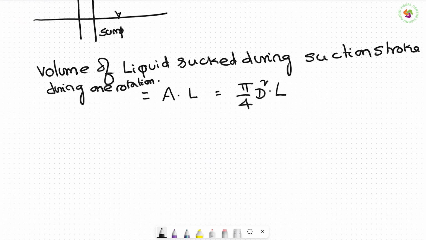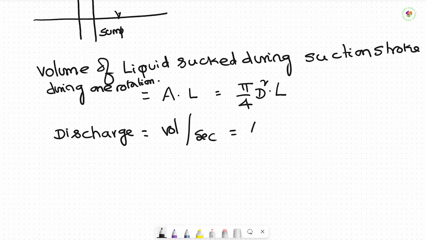If I want the discharge, discharge always means the volume per second. It is equal to area into length into the number of rotations, N per minute. But per second I want, so divide by 60. This is A L into N by 60.